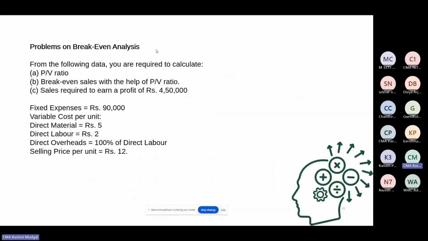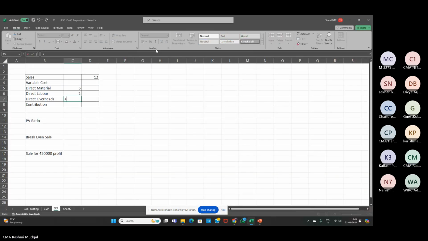And direct overheads is 100% of the direct labor. So I can see my total variable cost is 9 rupees. So my contribution, sales minus direct variable cost, is rupees 3.